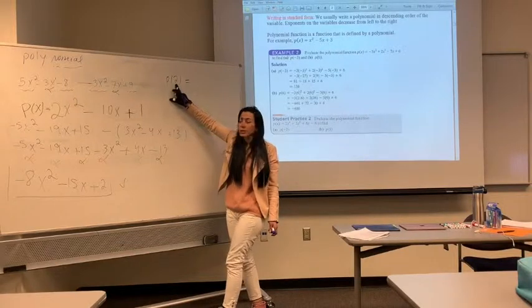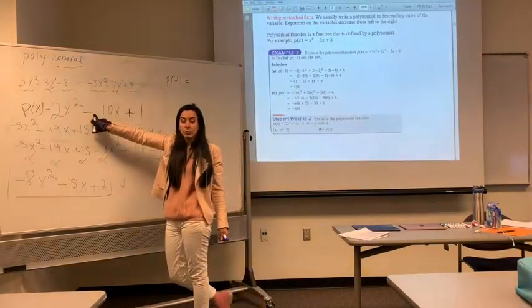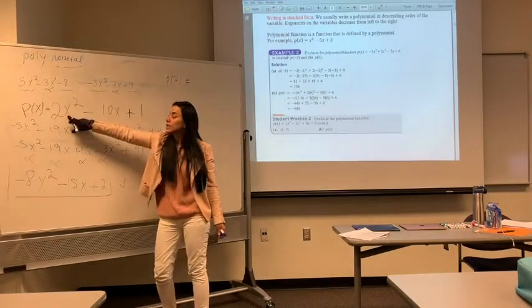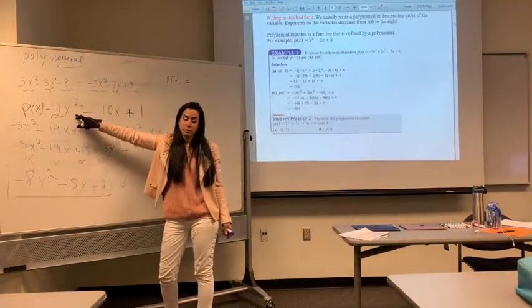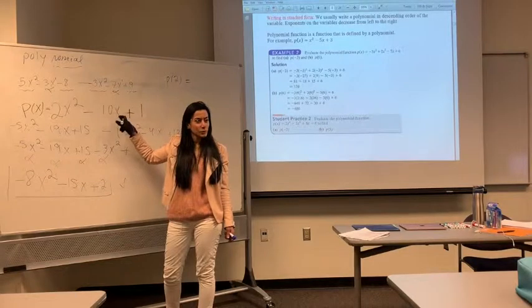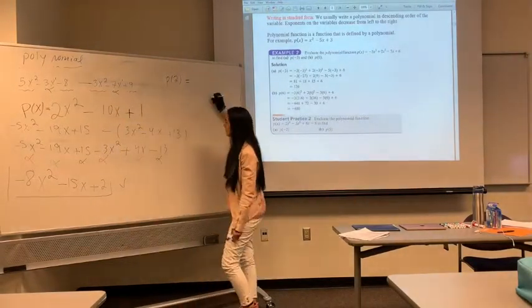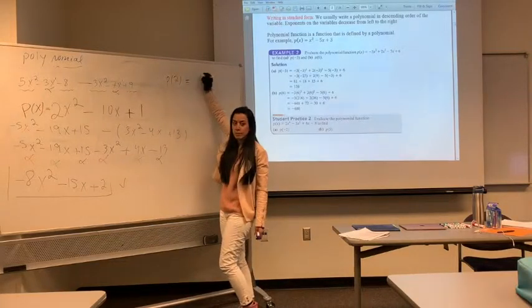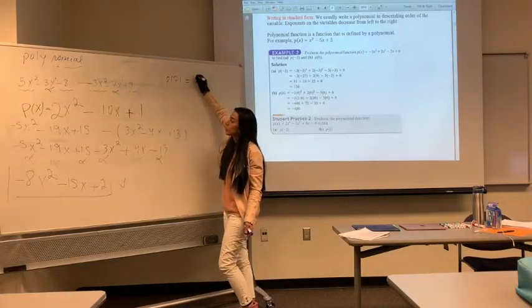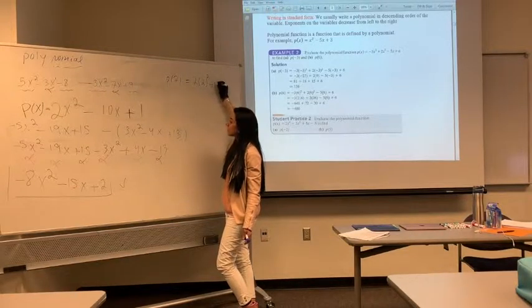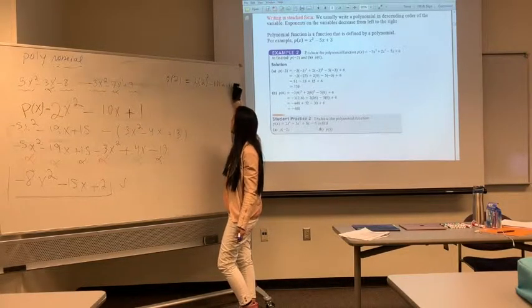What that means is that in that polynomial, you should replace x by 2. So instead of each x, we will say 2. In that polynomial, we have 2 power 2, minus 10 times 2, plus 1.